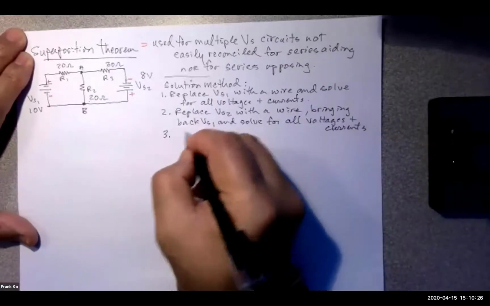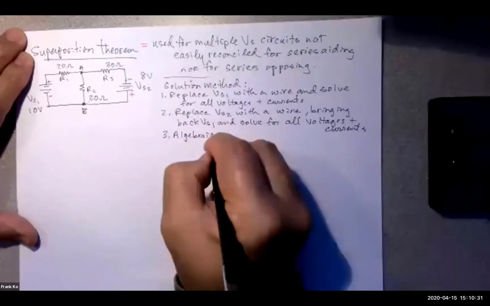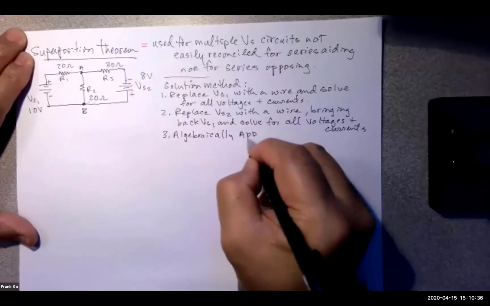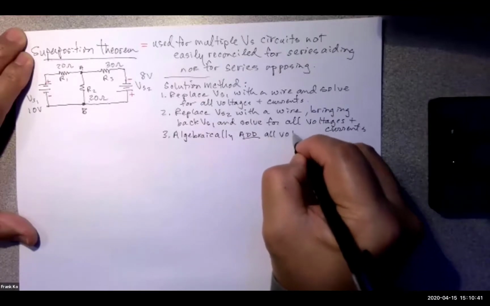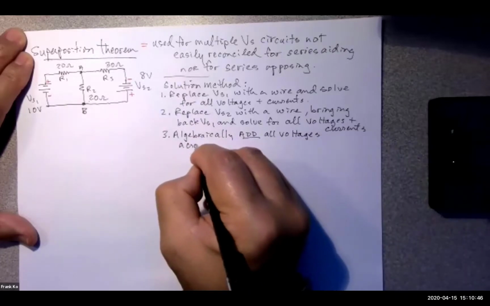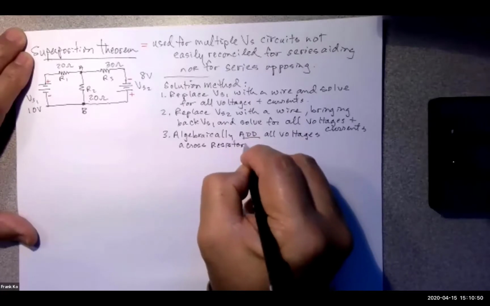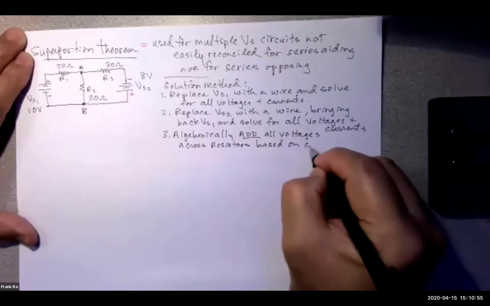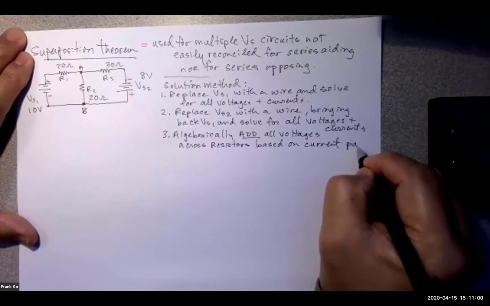And then 3, algebraically add all voltages across resistors based on current paths.